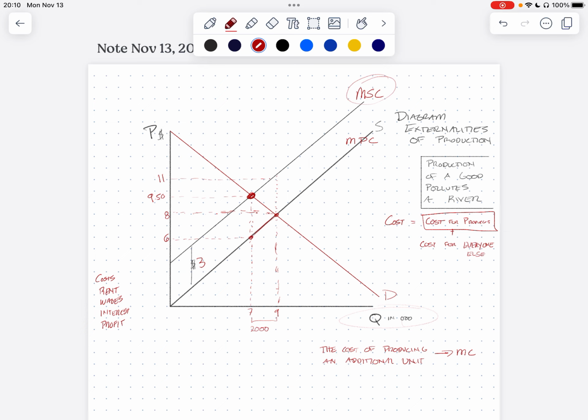This then we can relabel as quantity optimal. But right here is the quantity of the market, because of course the producer is not paying the cost of the pollution, so they'll be willing and able to provide at this point here, which I'll call point A. This point we can call point B.